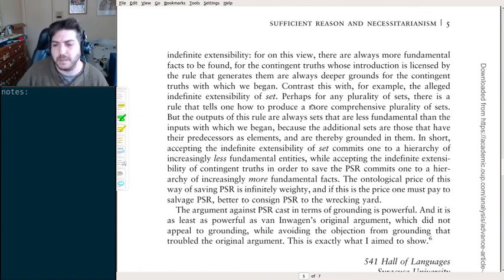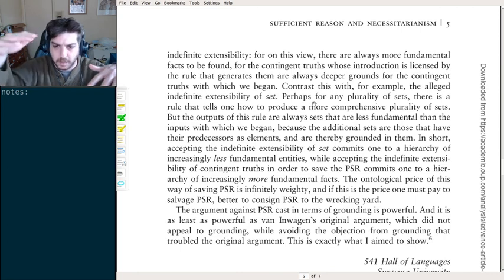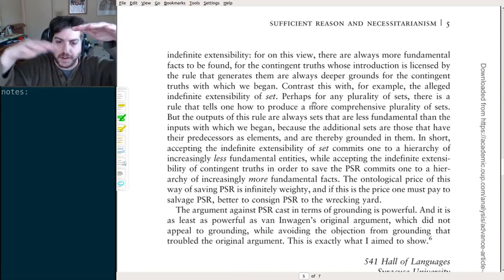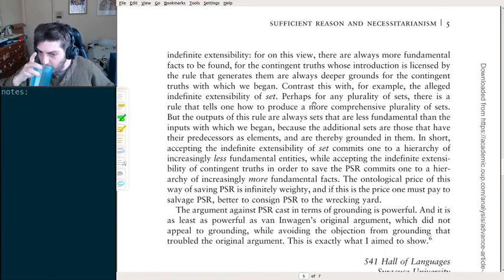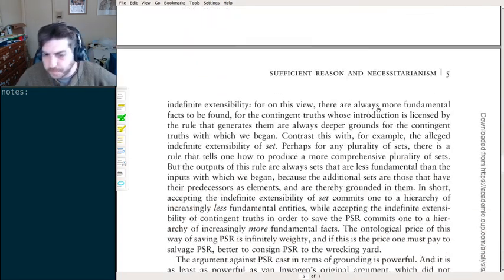So this whole hierarchical argument, where you're building them up and finding more and more fundamental things, may not actually be relevant to the problem here. So I'm not sure about this response.